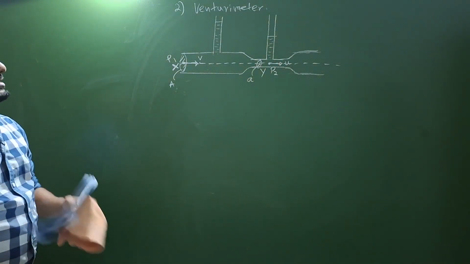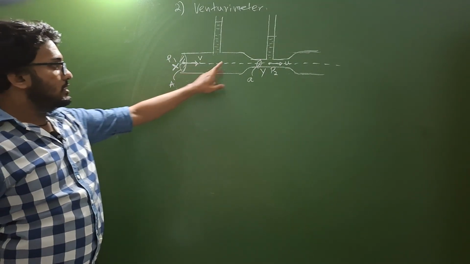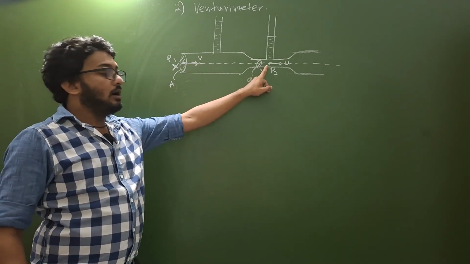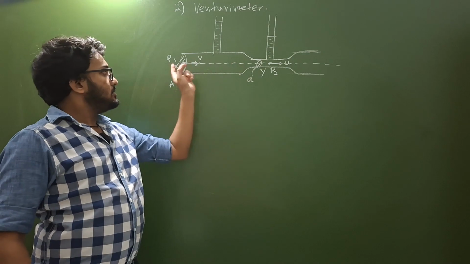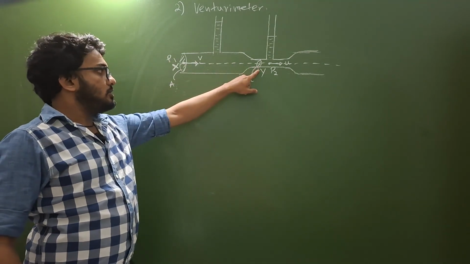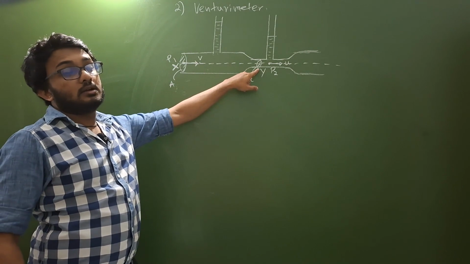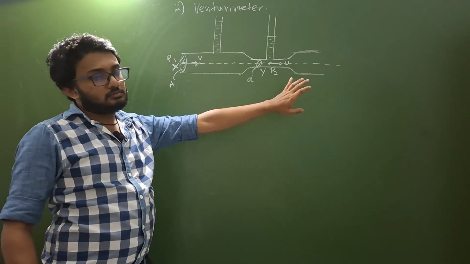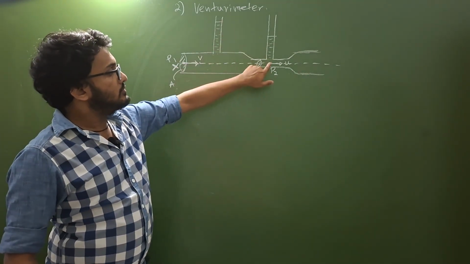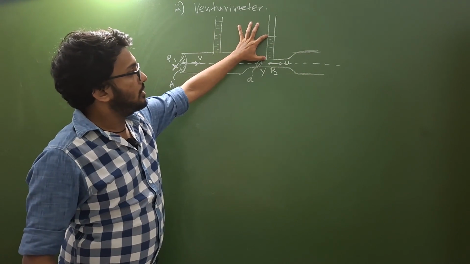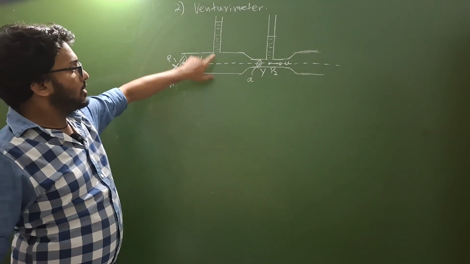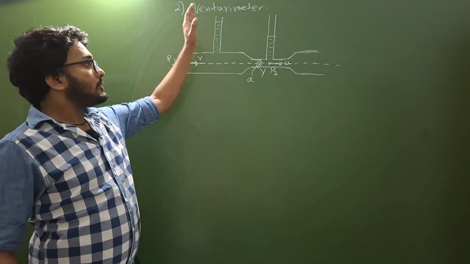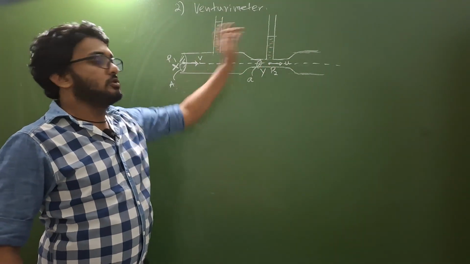Let me explain that again. Here velocity is small, here velocity is large. Here area is large, here area is small. So in smaller areas velocity is high, and if velocity is high, pressure is small. So the liquid will rise up to a smaller height. Here, due to low velocity and high pressure, this pressure will push the liquid higher than in this tube.